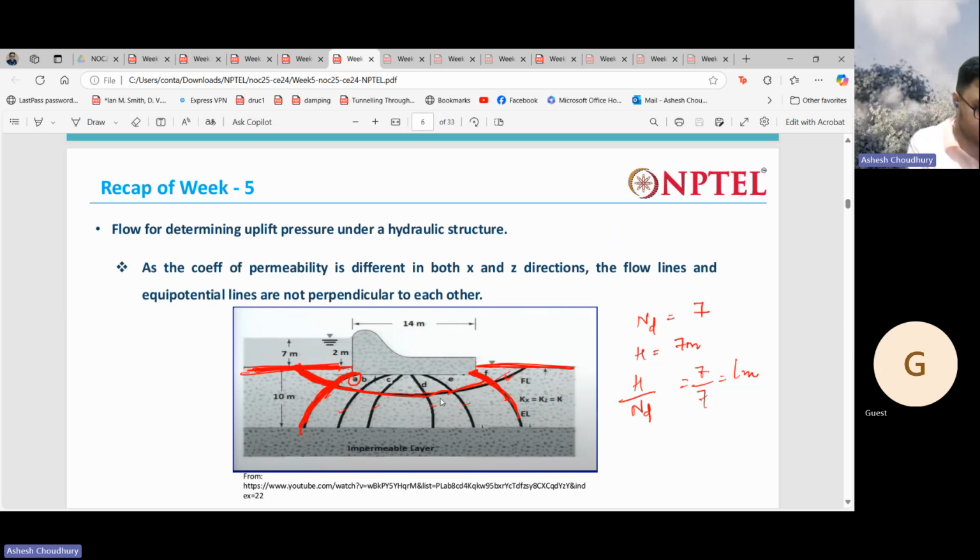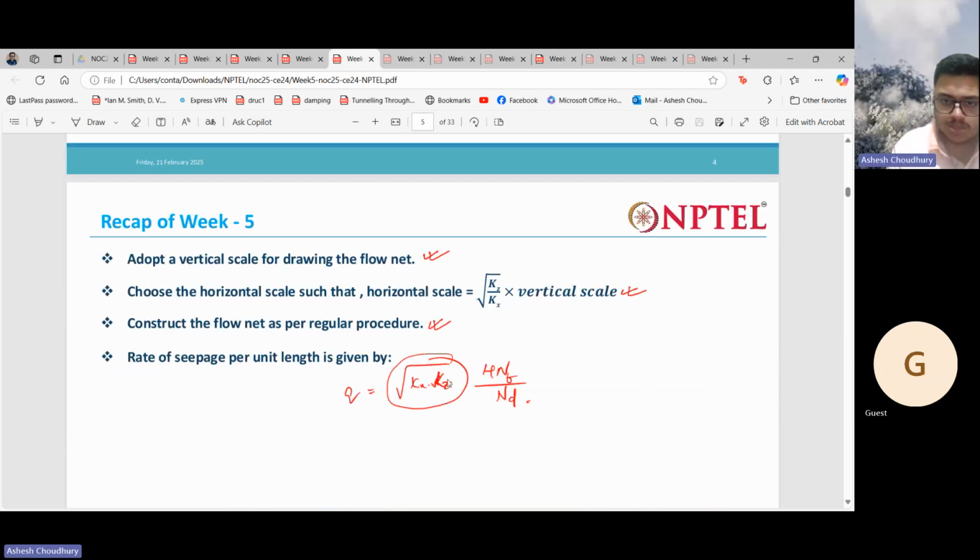Just a second. Let's see one thing. This one I think should be into horizontals.